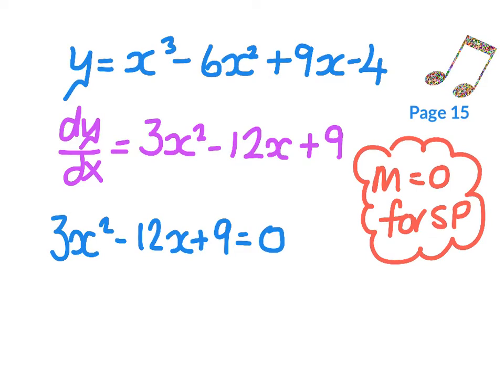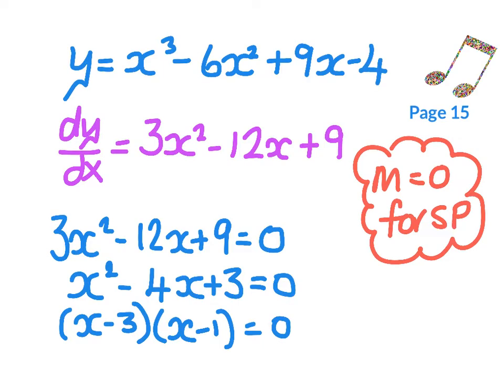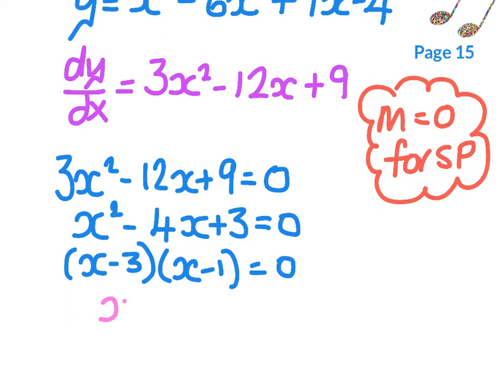First of all, there's a common factor of 3, so I'm going to divide everything by 3. x squared minus 4x plus 3 is equal to 0. And then I'm going to factorise. That's x minus 3 times x minus 1 equals 0. And I'm going to solve. So x is equal to 3, or x is equal to 1.